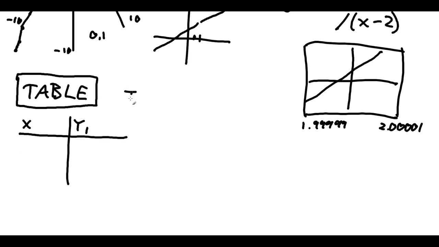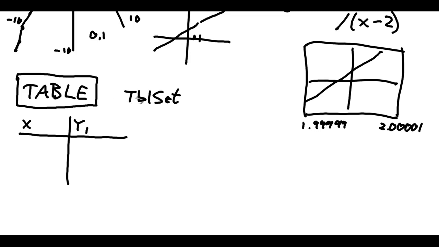If you go into table set, which is usually a second feature on table if memory serves. It's been a long time since I used the 80 series calculators, but I believe it's something like that. Poke around depending on which calculator you have, right? So if you have a TI Nspire, a lot of these things will be very similar, but some of them will be slightly different. You might need to check your manual.